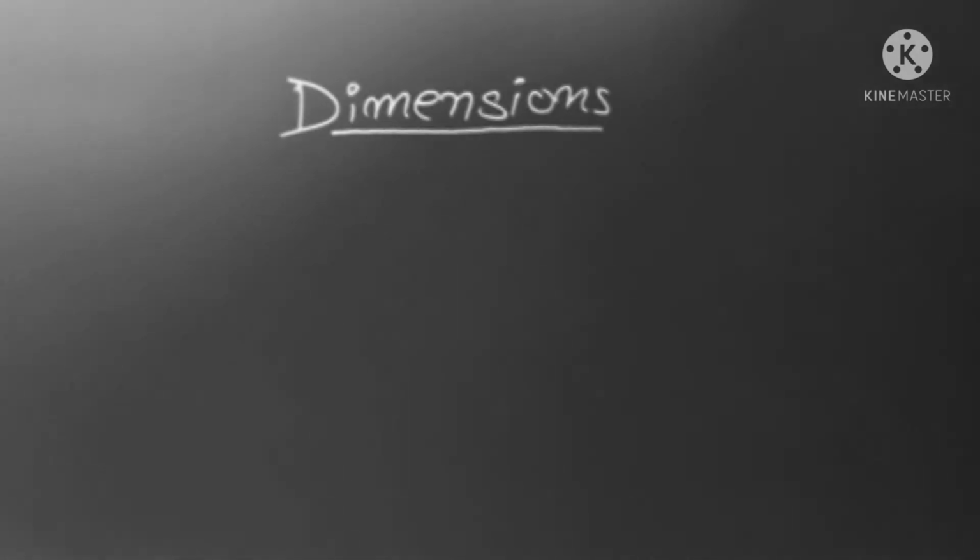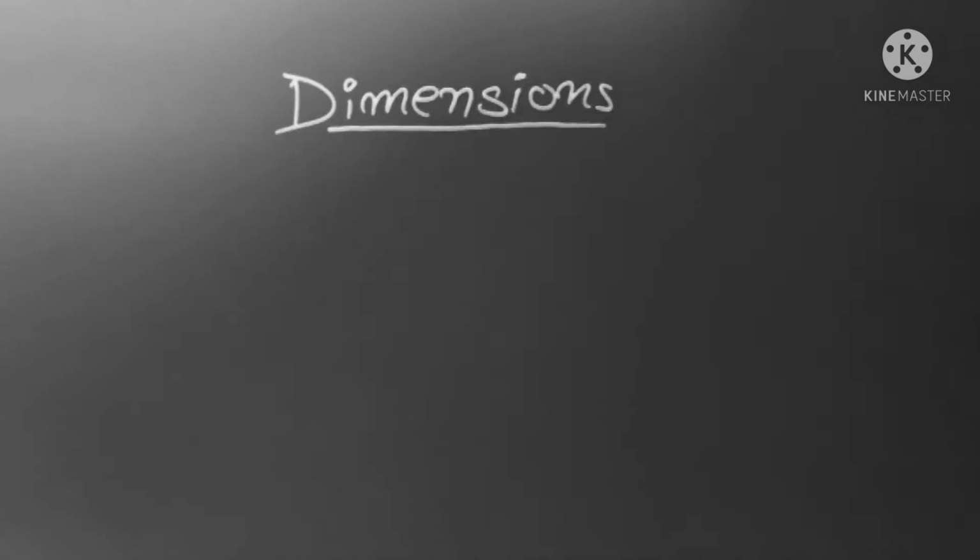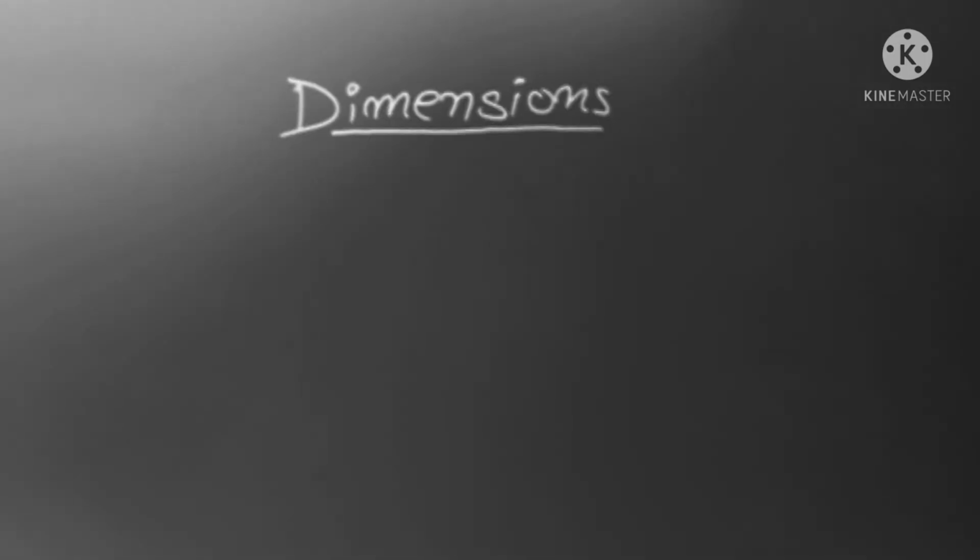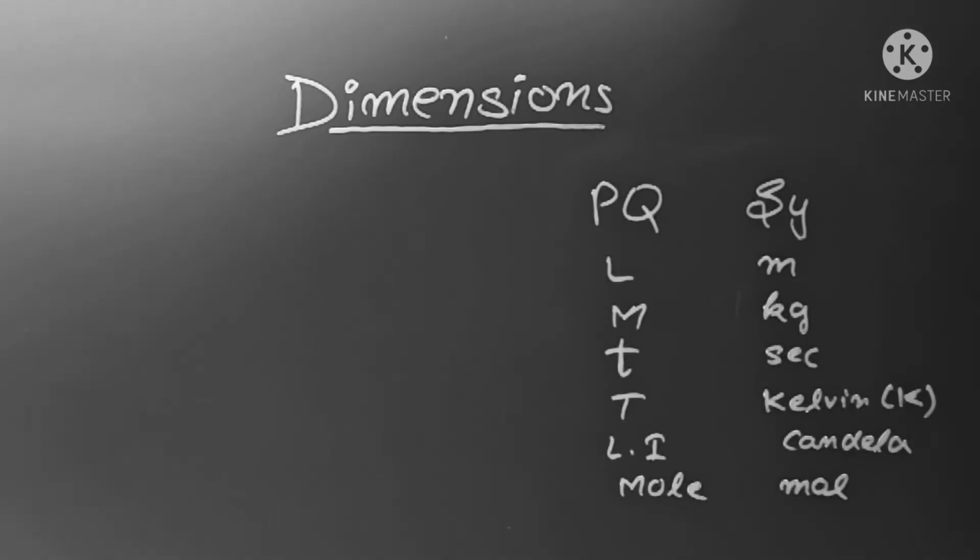Now, the most important topic of this chapter comes in this video, which is dimension. I hope you remember the dimensions which I used in the fundamental units. For your convenience, I have written it here. The physical quantity PQ which I have written and symbol SY means the SI unit of these physical quantities.